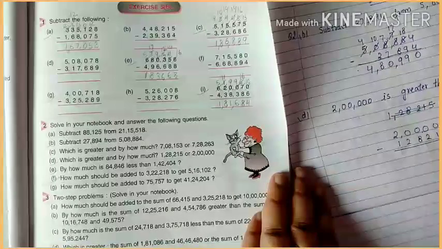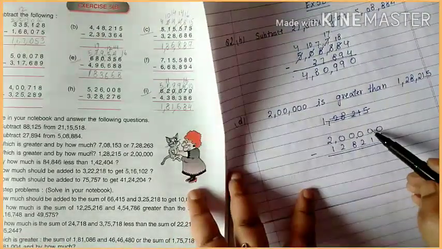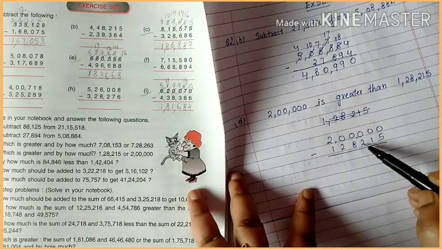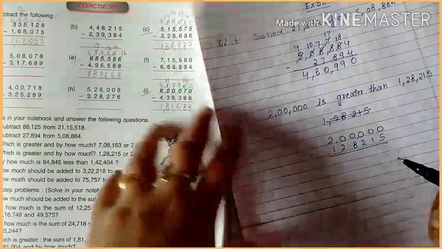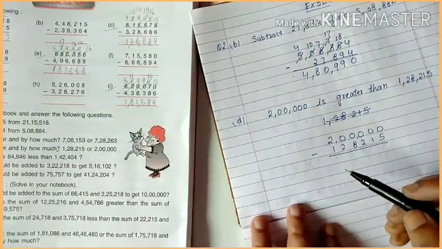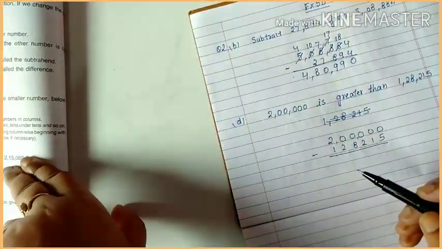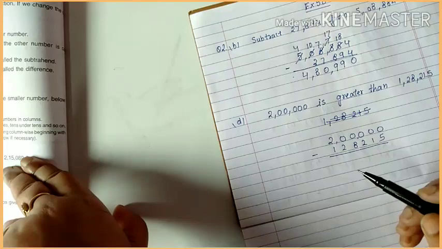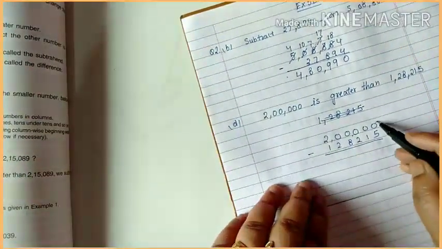Now 0 minus 5 is not possible. 0 minus 1 is not possible. 0 minus 2 is not possible. So they will keep on asking for a carry. Okay, they will be asking for the one number borrow, so it will ask here.